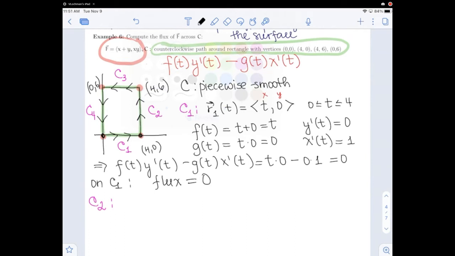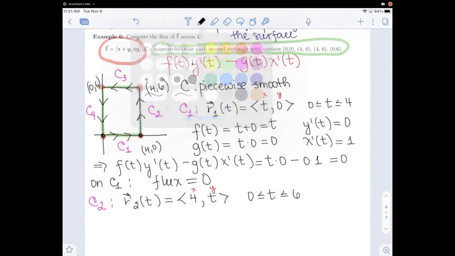So what's fixed? The x component is fixed, and the y component is the one that's changing. So that's going to be 4, t, and t now goes from 0 to 6.